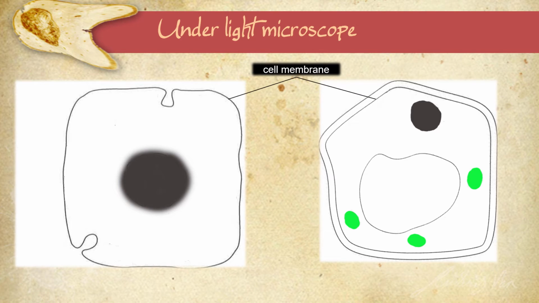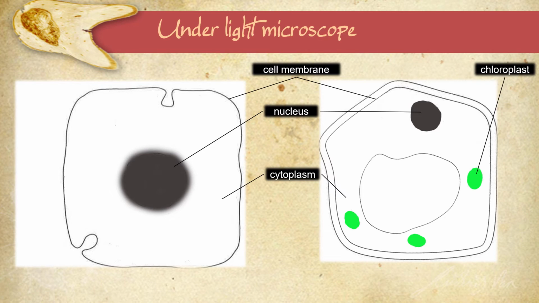So first of all, the cell membrane. Label them. The nucleus is the round black thing that's in the cell, very prominent. Then you also have the liquid called cytoplasm.